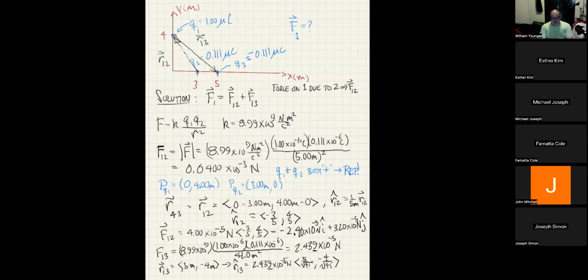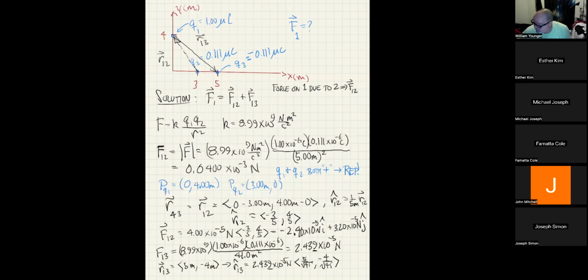Because now we have to add those two vectors, but in order to do so, we need to basically add like components. But because we did it this way, we're already in component form. So life's pretty good. So let me write down these numbers because I'm getting ready to switch screens. I got negative 2.40 times 10 to the negative 5th newtons i hat for F12, and positive 3.20 times 10 to the negative 5th newtons j hat.